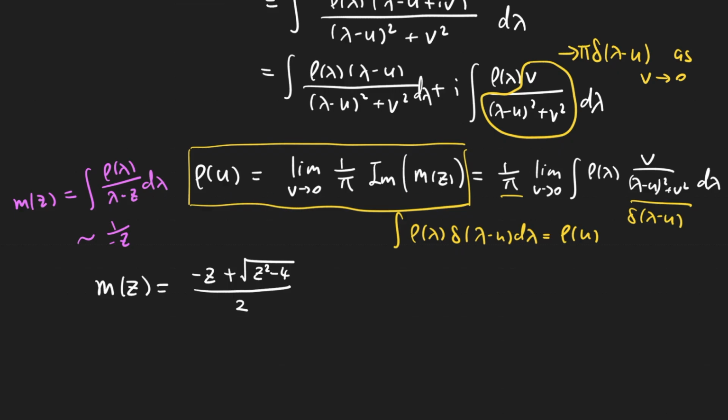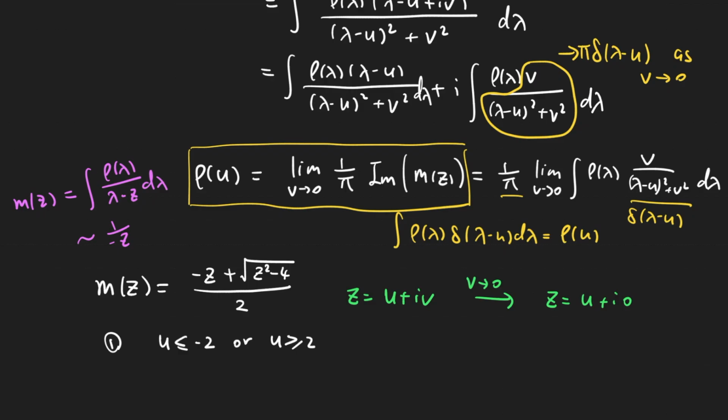We need to discuss different situations, because here z is complex. Z equals u plus iv, but we only care about the case where v goes to 0. So it's really the case where z equals u plus i0. Looking at this equation, there are two cases. The first case is that u is smaller or equal to minus 2, or u is greater or equal to positive 2.